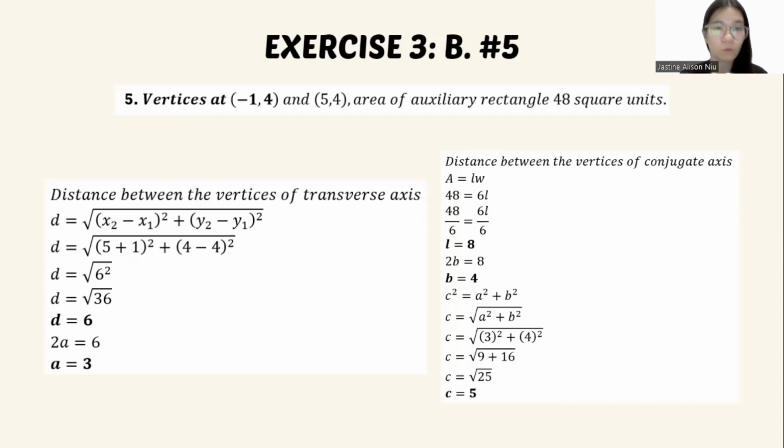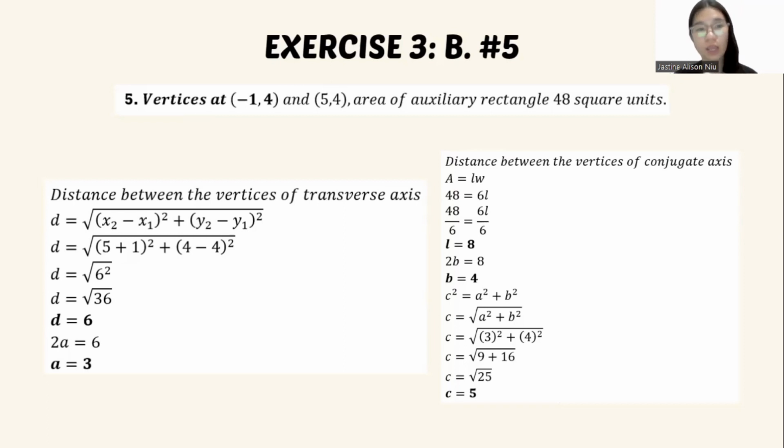We all know that 4 minus 4 is 0, and if we square it, it will be 0 also. So we just solve 5 plus 1 squared, so it will be 6 squared. Then 6 squared is 36, so it will be square root of 36. The answer will be 6, so the distance is 6.